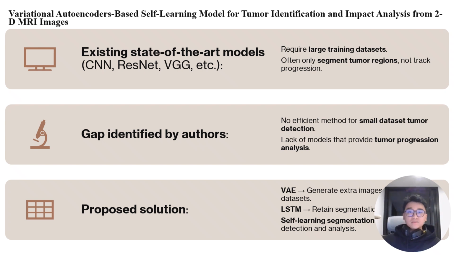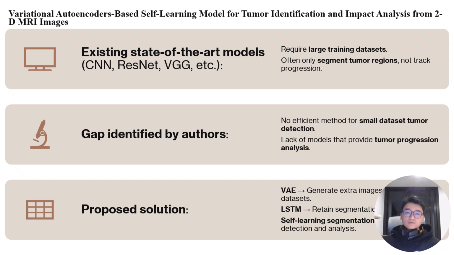In this paper, the author identified two specific gaps. First, the existing deep learning models like ResNet and VGG work well, but only if we have a huge labeled dataset. In medicine, especially for rare conditions, datasets are often small, so that's a practical problem. And the second is that many segmentation models stop at drawing tumor boundaries.